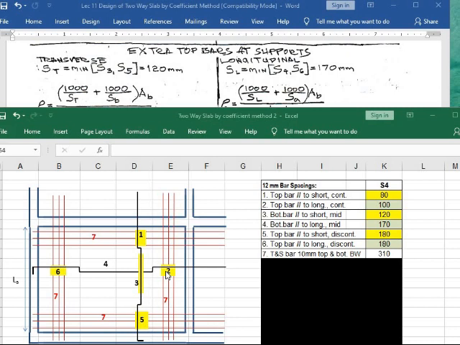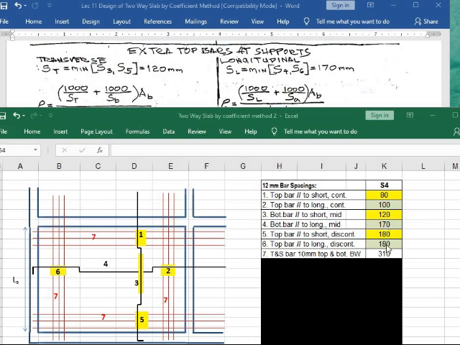So, in short, we will now get the common spacing of the longitudinal bars. We call that S sub L. Since bars 4 and 6 have close spacings, S4 and S6, 170 and 180, and bar 2 is 100, the spacing at 2 is dense. We take the minimum among 4 and 6.